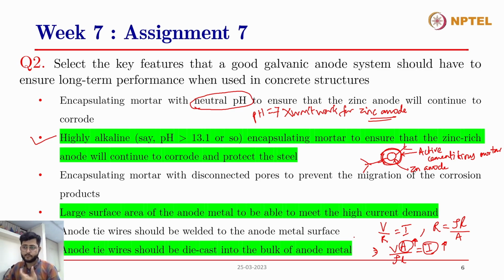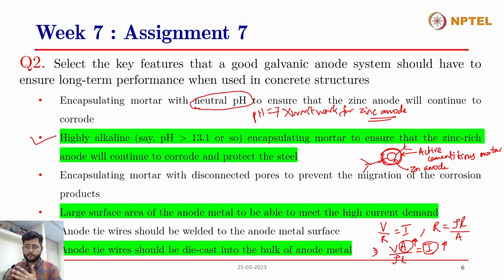Because in this galvanic anode system, unlike the impressed current cathodic protection system, we can't control the amount of current that we draw, because this is directly in contact with the steel reinforcement, and there is no external voltage applied in order to control the current.